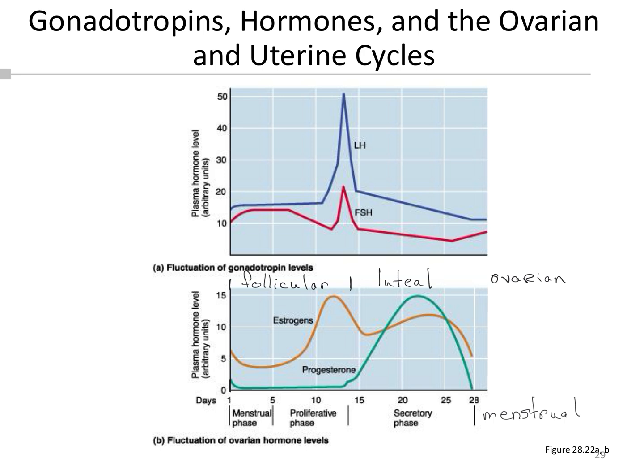We can see that estrogen levels are low, progesterone levels are basically in the toilet, and LH and FSH levels are increasing. LH stimulates the production of estrogen.